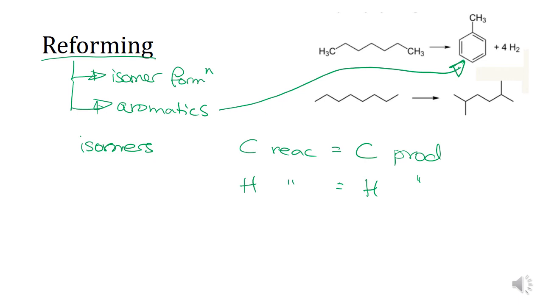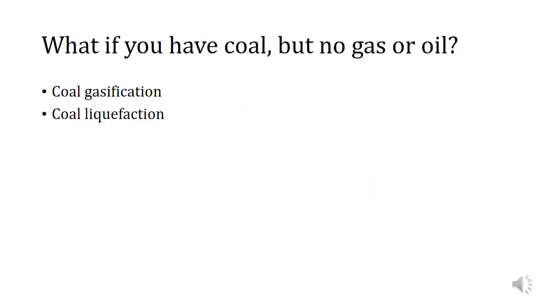Okay, let's continue on. So coal is reasonably widespread. It's becoming less widespread now that we've dug so much out of the ground. But gas and oil are more located. They're not as widely distributed. So what if you've got coal in your country, but you don't have gas and you don't have oil?